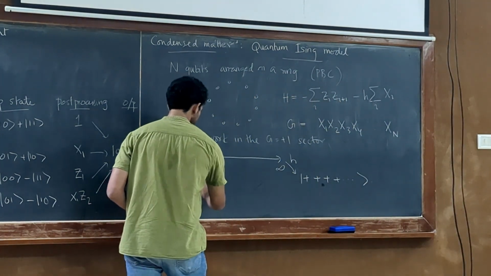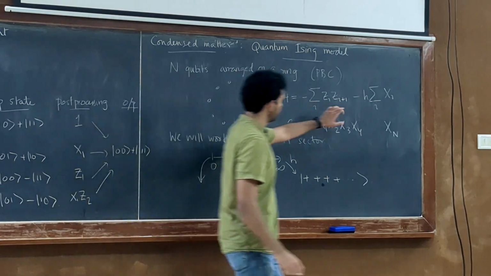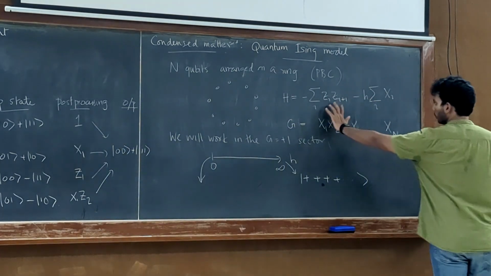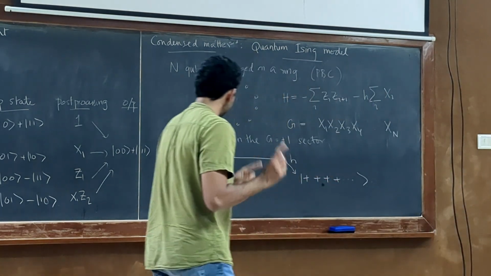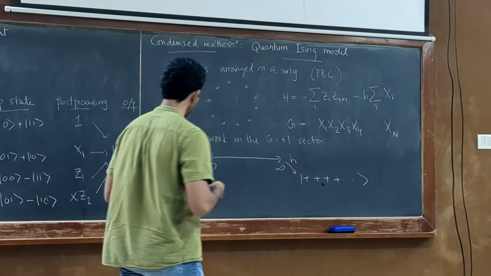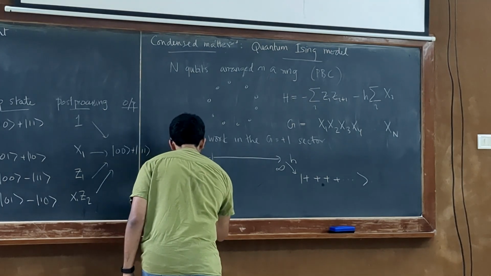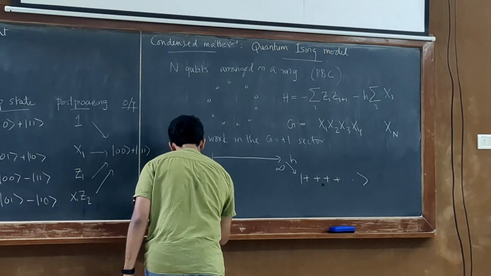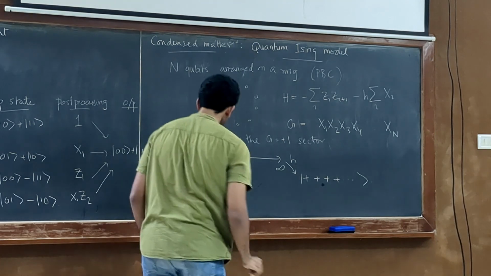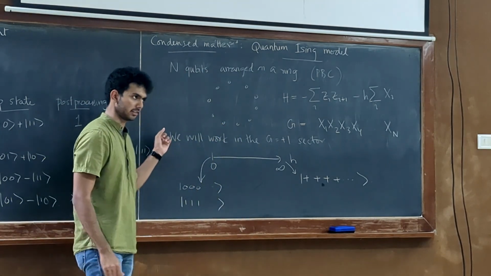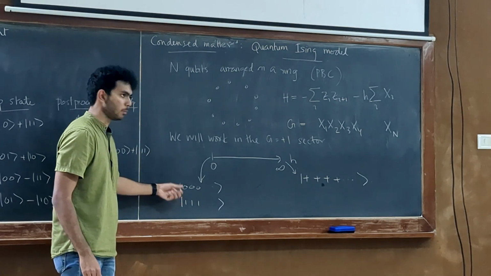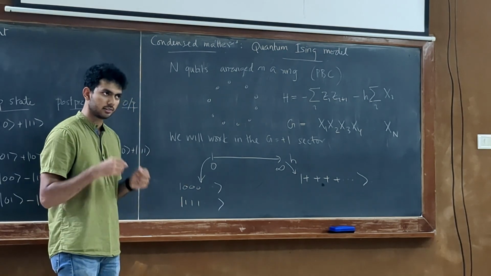So, what about this end? Set this operator to 0. What is the ground state of this problem? Everything is in 0 or everything is in 1. So there are two possibilities. But I said something earlier that we will work in the G equal to plus 1 sector. Right? So these two possibilities don't independently occur. There's only one possibility.